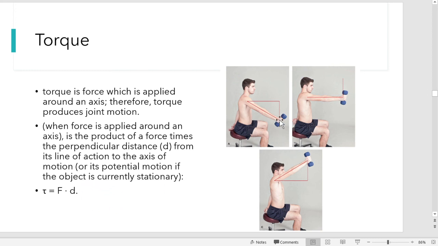Then you have the load, which is load times distance from the axis to where it is located, minus the line of action of the weight of the arm times the resistance arm from the axis to the line of action of the arm. That will be your torque. No?